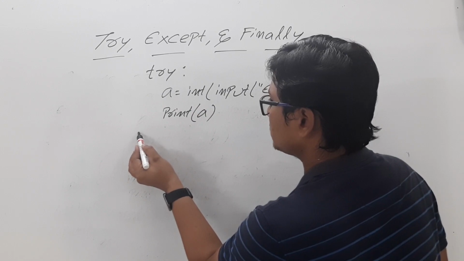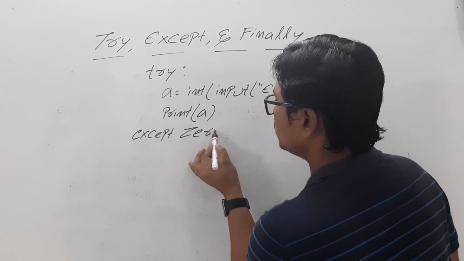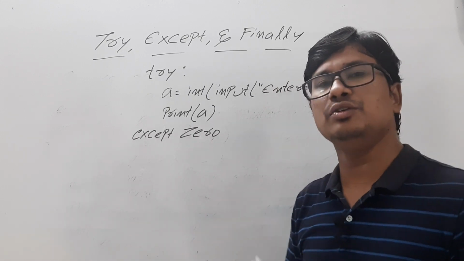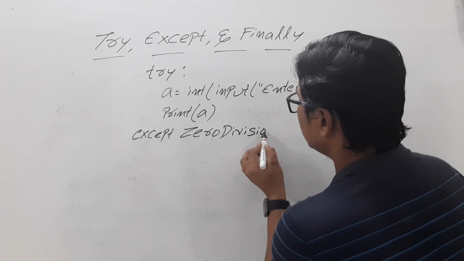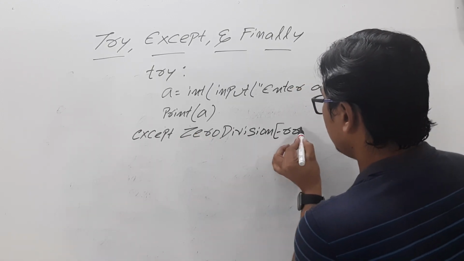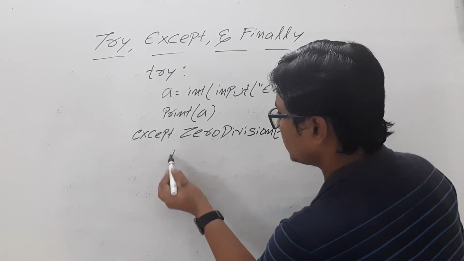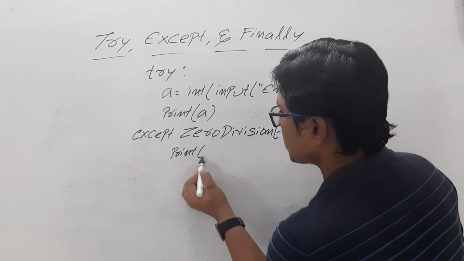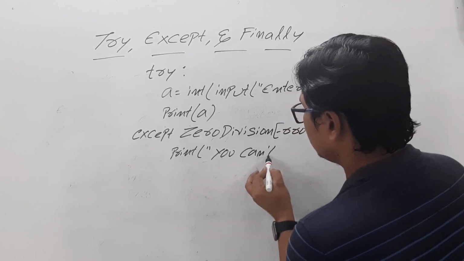Now, in the except block, I am writing the code for zero division error. If there is a zero division, I want to display that error. Even though I am not performing the division here, just for your understanding, I am writing zero division error. Then I am writing the customized output: print you cannot divide by 0.